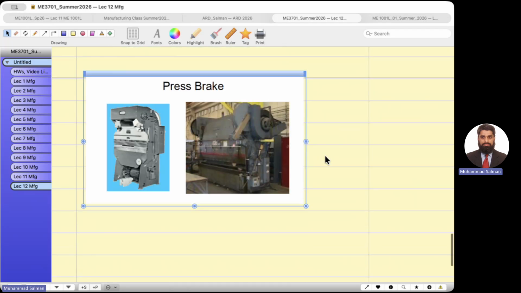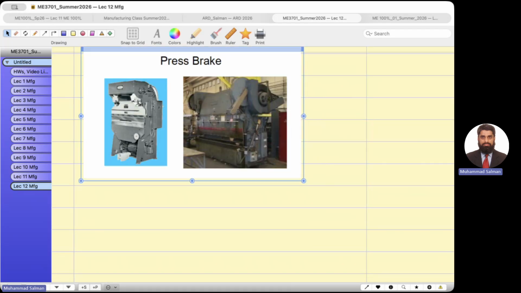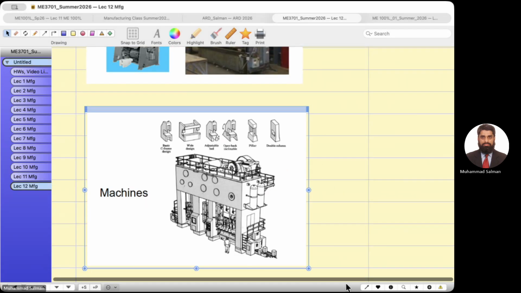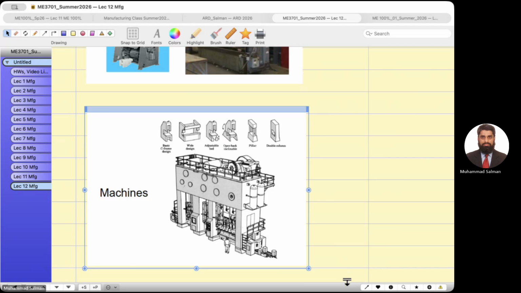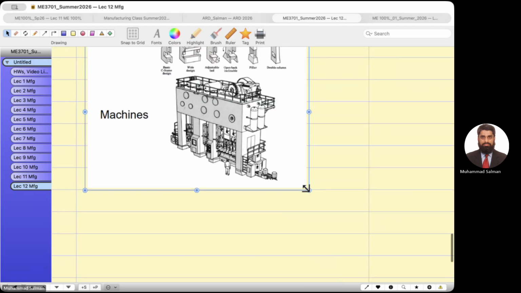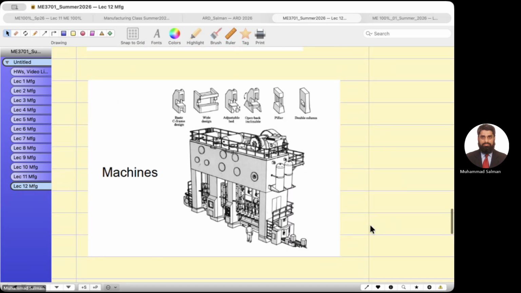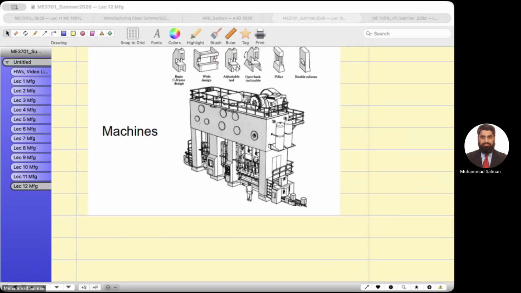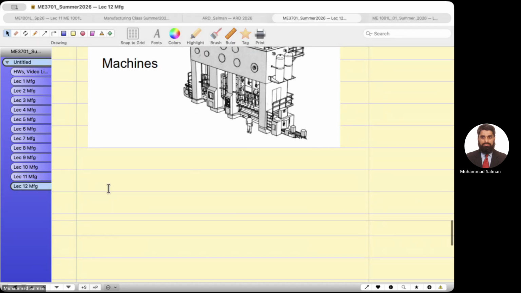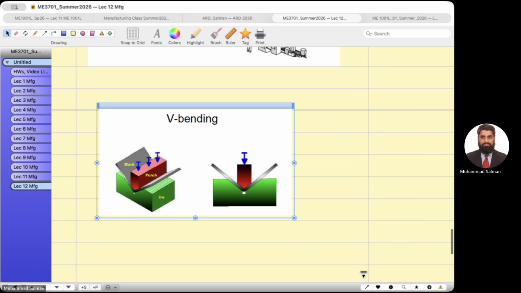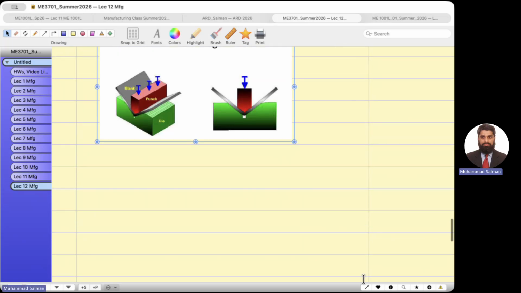How are we performing the press brake system here? Okay, please draw this diagram in your notebook.